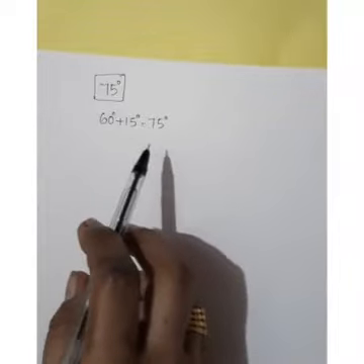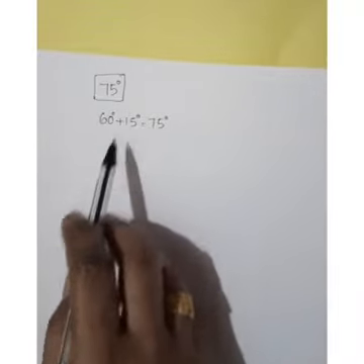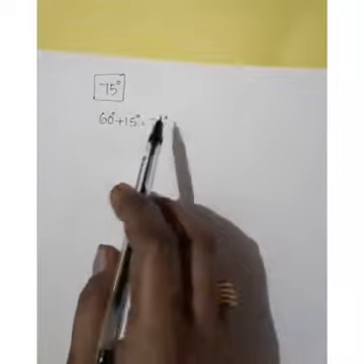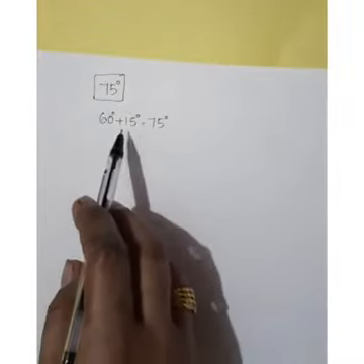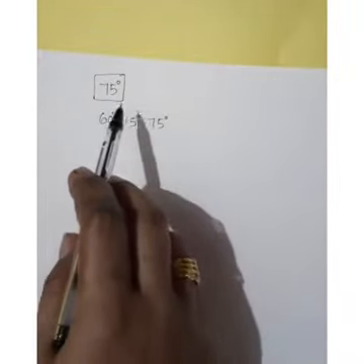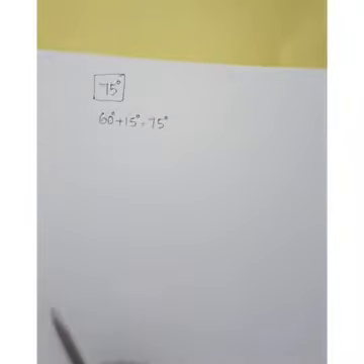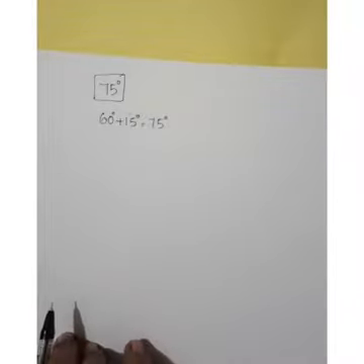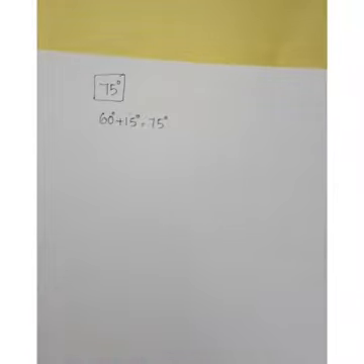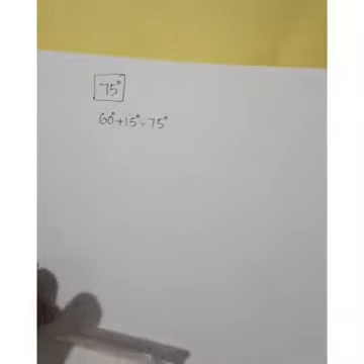For that 15 degree after 60, we construct 60 plus 30, that means together 90 degree. After getting that 90 degree, the 30 degree in between 60 and 90 we have to bisect and find out that 75 degree.